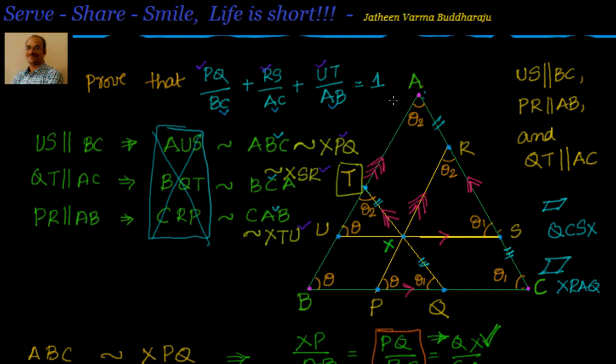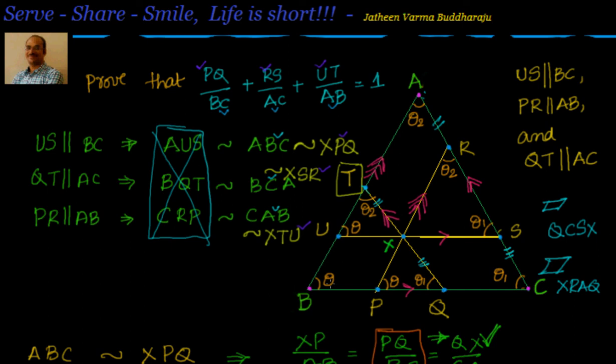In the first step, it's very evident that US is parallel to BC, so AUS is similar to ABC. Similarly, BQT is similar to BCA, CRP is similar to CAB, but with that we are not going anywhere because what we want to prove seems to be a little bit different.